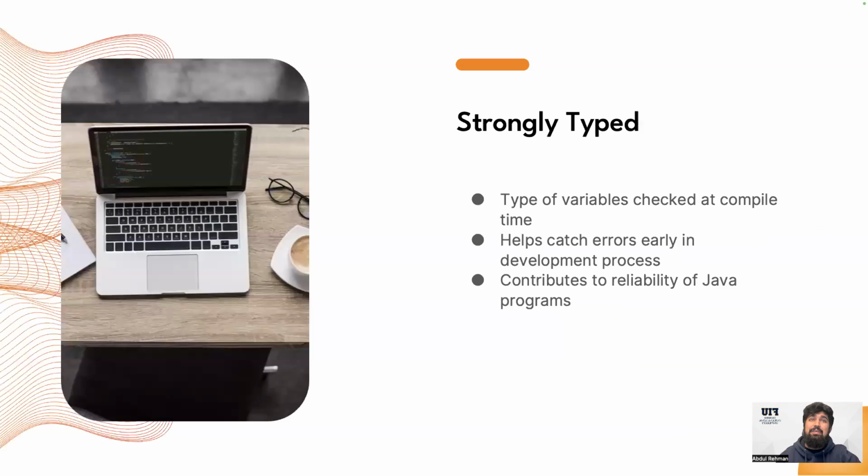Java is strongly typed, which means it actually focuses on the data and the type of data. It does not just let things go. It does not let errors happen at the level of execution or after the compilation.